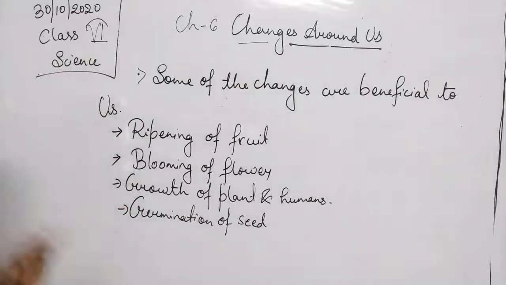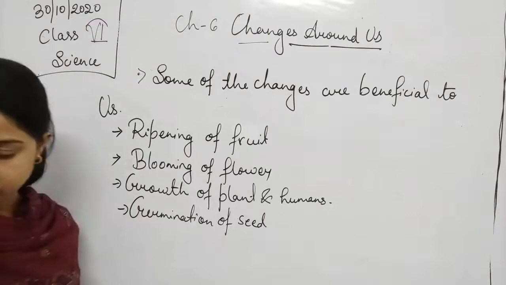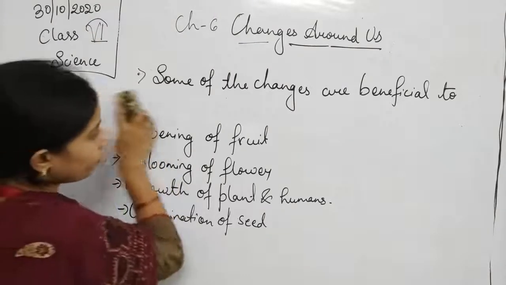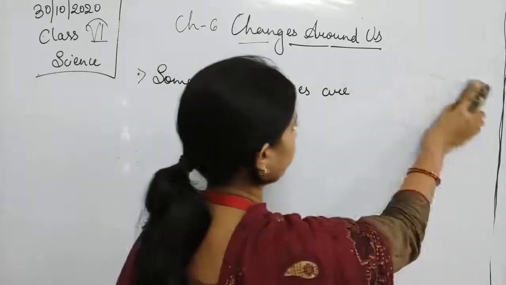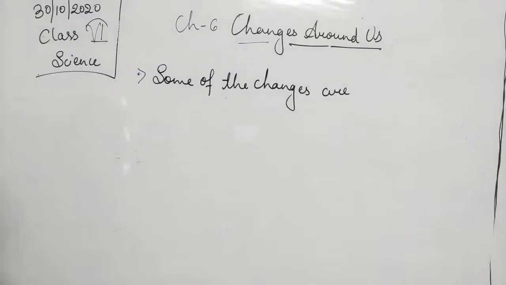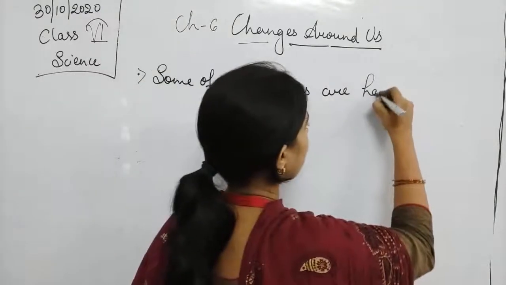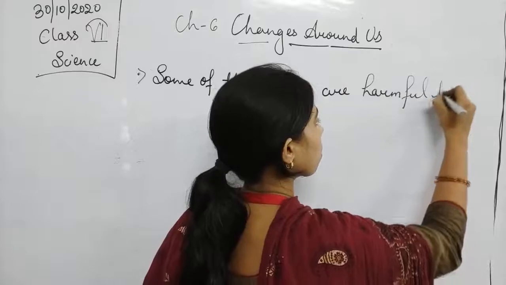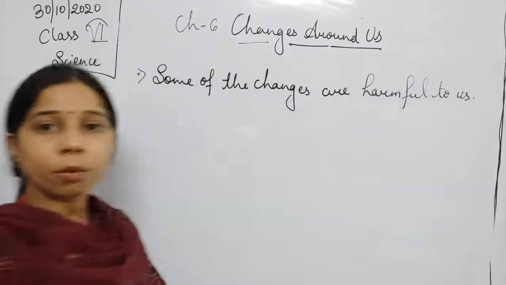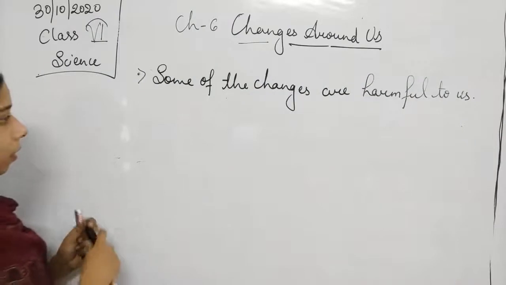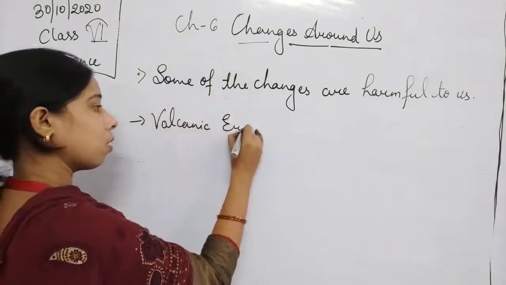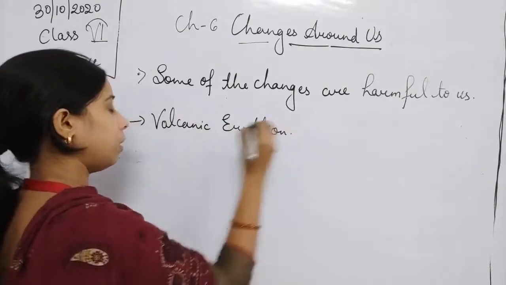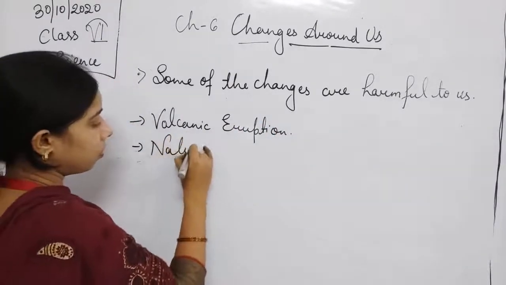Now there are some changes which can be harmful to us, students. We can say that some of the changes are harmful to us, like volcanic eruption, then natural disaster.